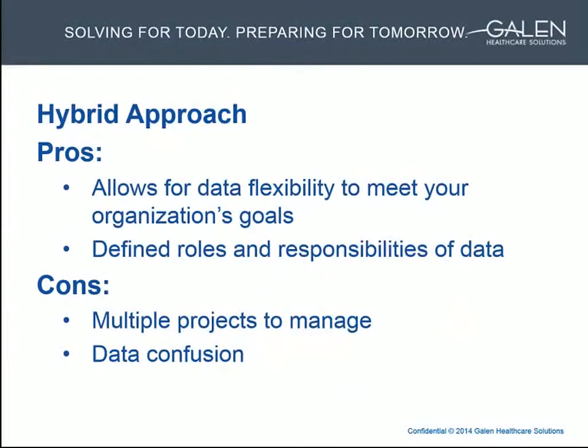So you can see with this option, you're able to select your best of breed to meet your goals. It allows for data flexibility, and it gives you roles and responsibilities of data, meaning that the discrete data's role and responsibility is the last 2 years of clinical data entered into your source EHR that's been migrated.